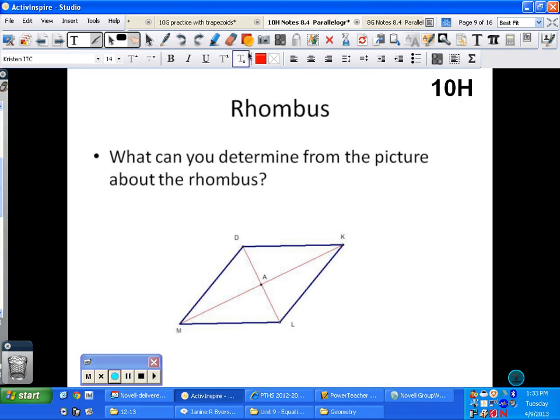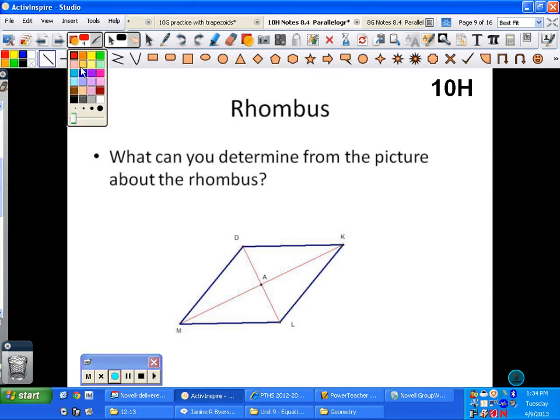First, let's start labeling all of our diagonal parts congruent. So let's start by these diagonals. We said they bisect each other, so those two are congruent and the other two are congruent. We know that the diagonals are perpendicular to one another.